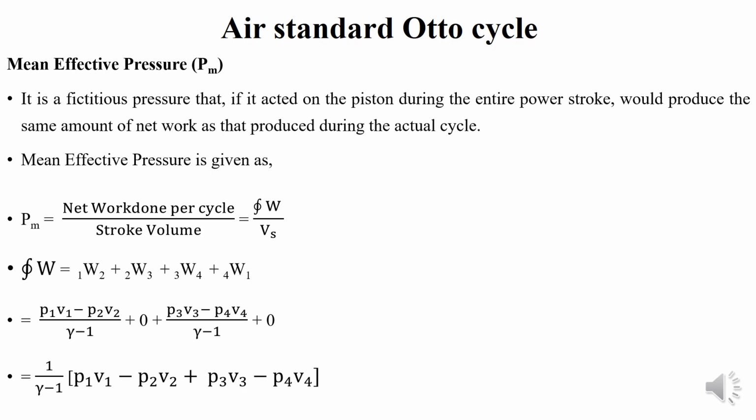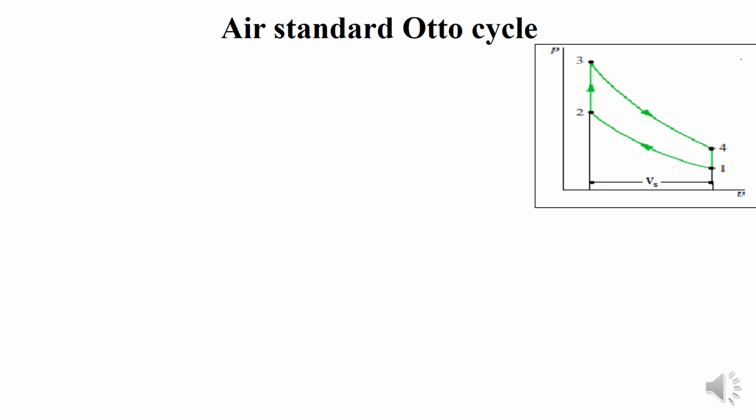So a long derivation will be there for mean effective pressure. Carefully listen to this, how to convert. You should know the relationship between pressure and temperature, volume and temperature, and pressure and volume. So PV diagram, keep it in mind.